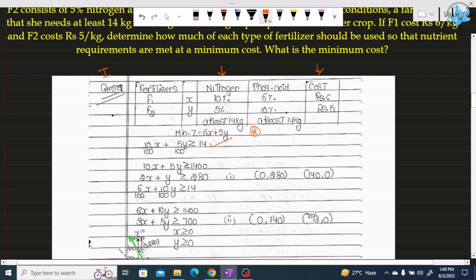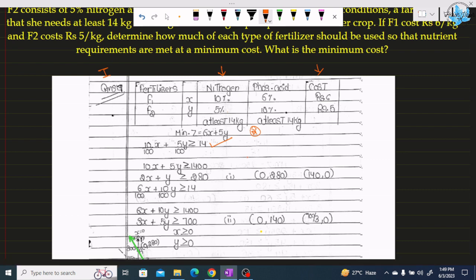When we started the LPP, I already told you which sign to put when. If you forget that, you can see the basics of the LPP video by searching my name. After that, you can take 1 upon 100 common from the left hand side and multiply it with the right hand side.